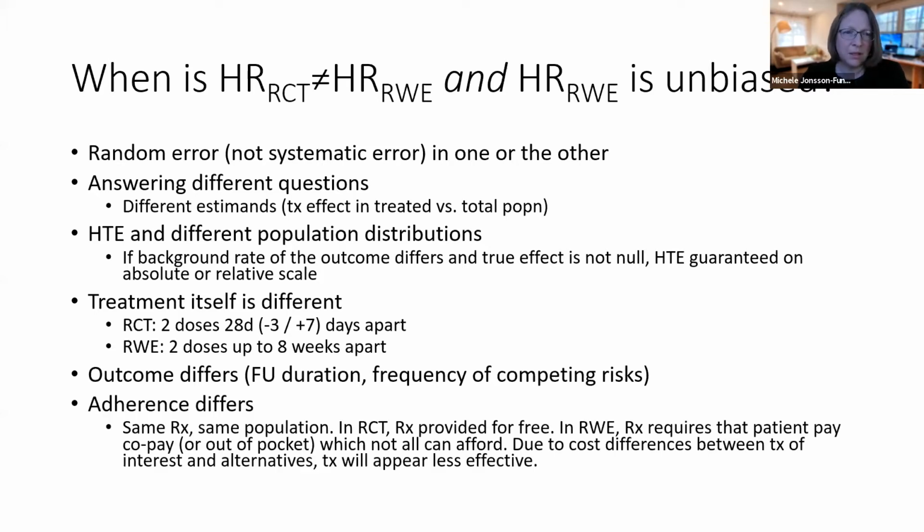Next. And my final note here is something that I know is discussed in the context of the target emulation approach, that adherence in real world populations is likely to differ from adherence in trials. And just my note here is sort of a thought experiment. You can imagine identical prescriptions, identical populations, but the costs associated with the prescription might differ, and that could lead to differences in adherence.